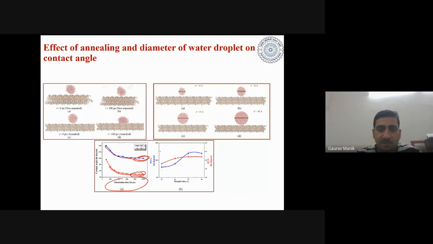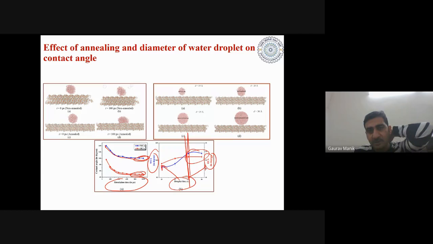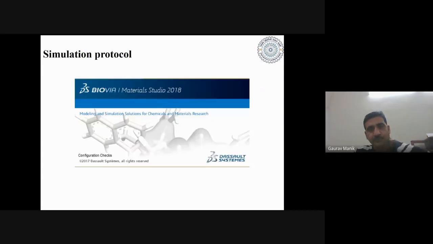Then this is the effect of droplet size on the contact angles, both WCA and OCA. You see that beyond a box size of approximately 25 angstroms, the contact angle saturates. So it is always good to take droplets beyond 25 angstroms.